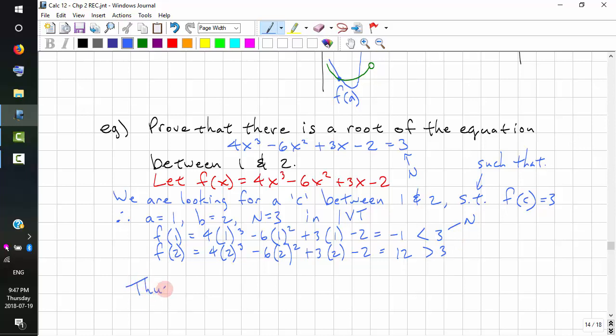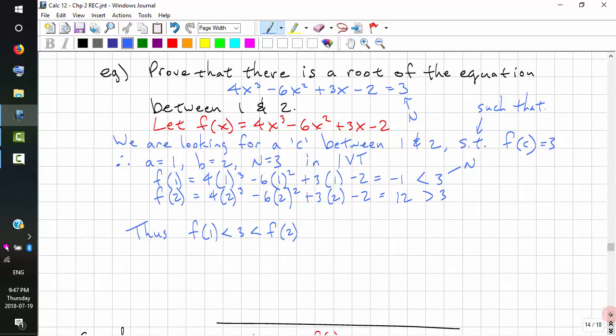Thus, f of 1 is less than 3 is less than f of 2. And we need to say that f is a polynomial, therefore it is continuous.